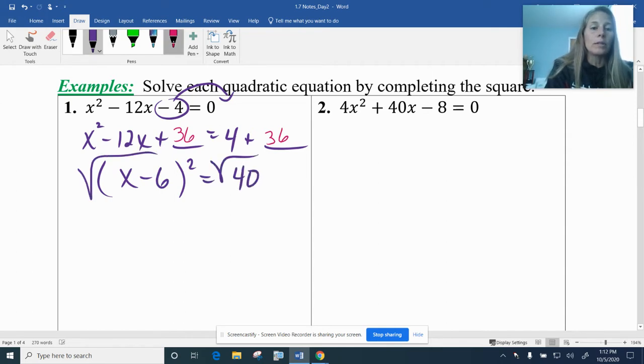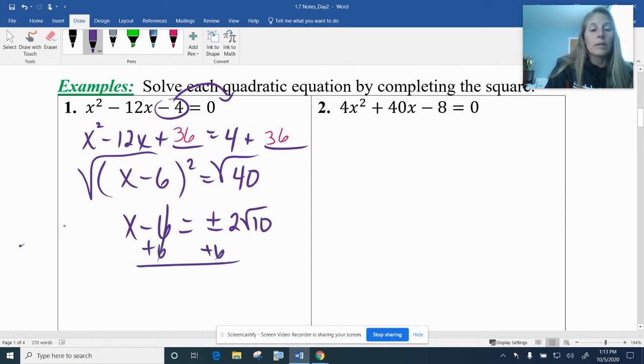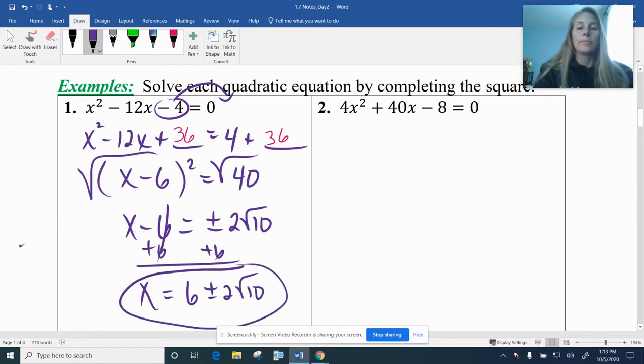Now you can solve using your square roots. x minus 6 equals positive or negative, and then I would use my little factor tree here on the 40, getting me a 2 radical 10. Adding the 6 to the other side: 6 plus or minus 2 radical 10.